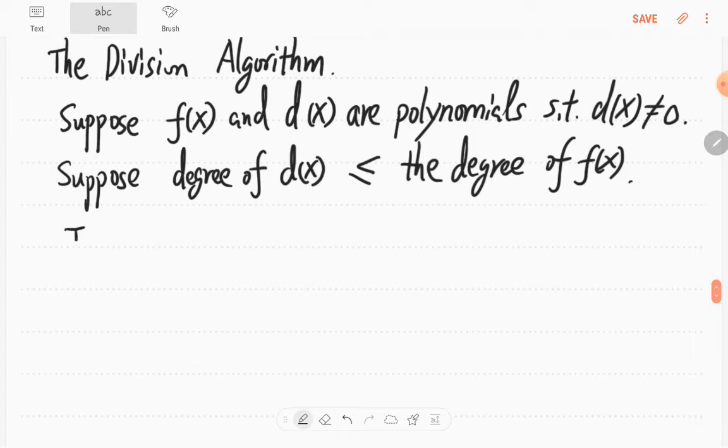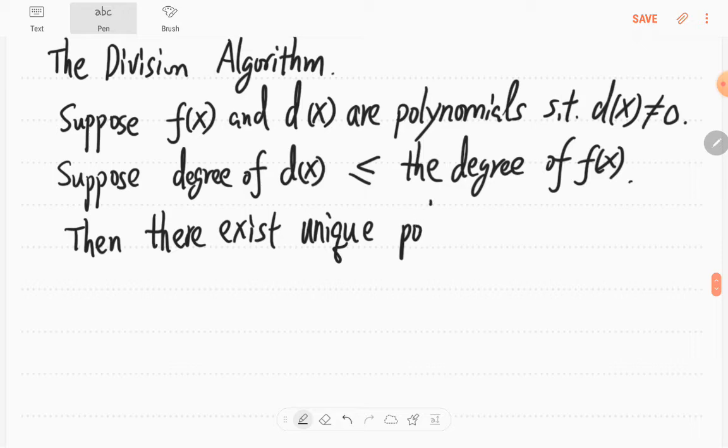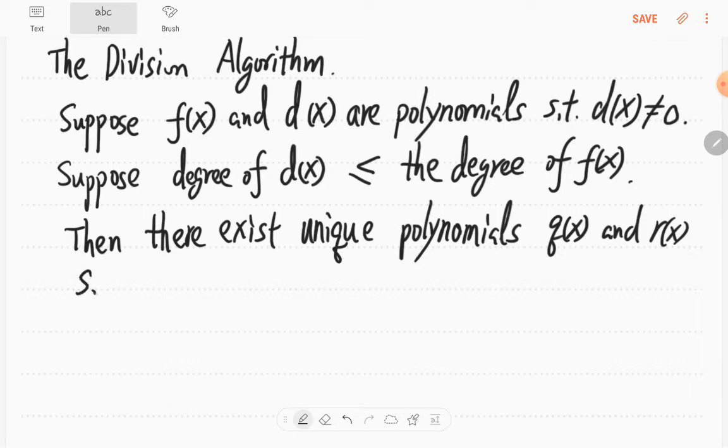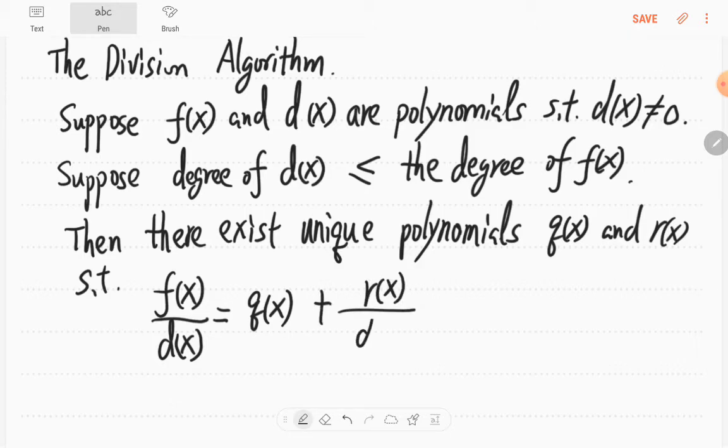Then there exist unique polynomials Q of x and R of x such that f of x divided by d of x is equal to Q of x plus R of x over d of x.